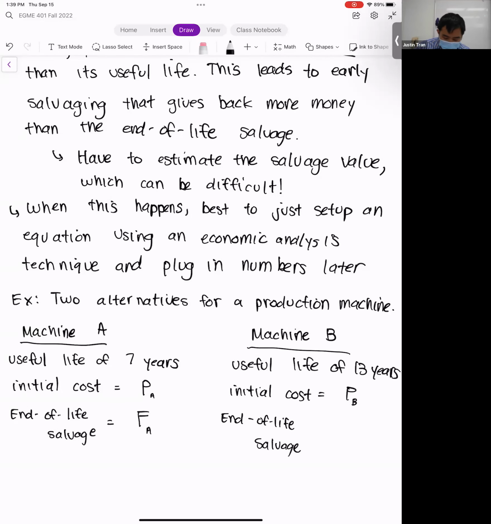And we'll assume it has an end of life salvage value of F sub B. Okay. So not all that different from the problems we've looked at, it's just that now everything is in symbols.